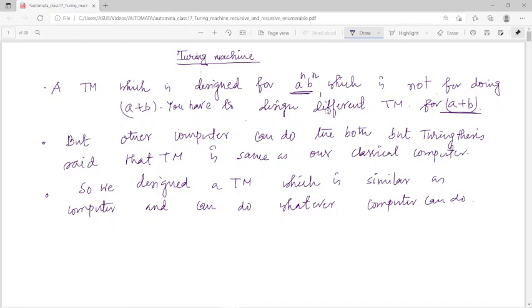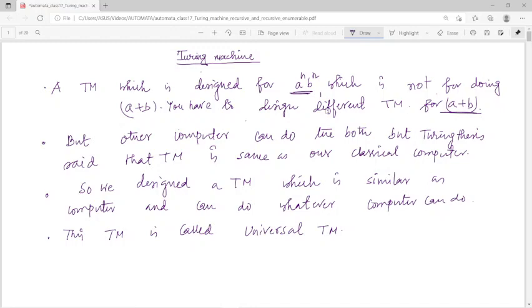That's why I have to design a Turing machine that is called the universal Turing machine.